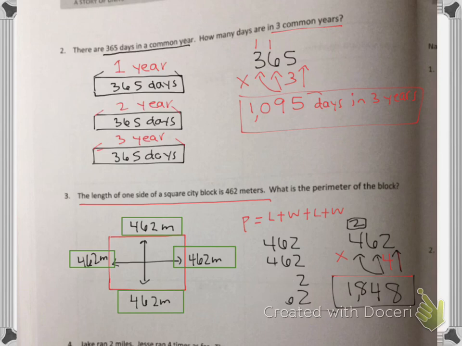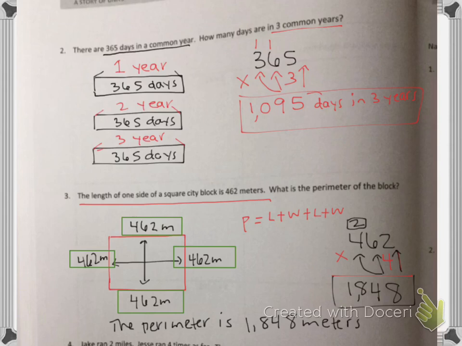And I have 1,848 as my total for the perimeter. All right, the perimeter is 1,848 meters.